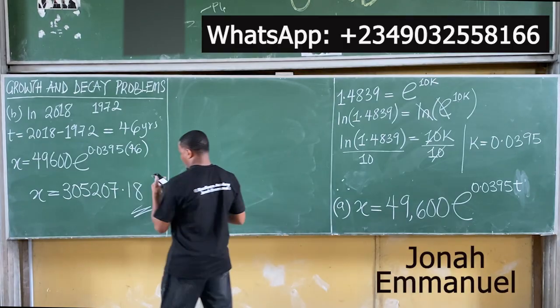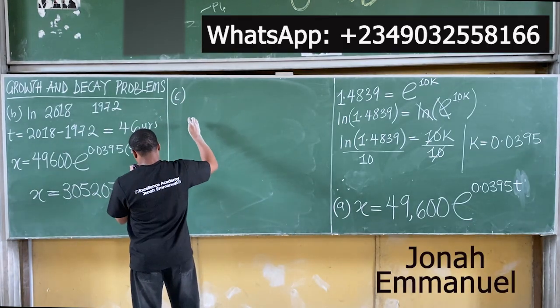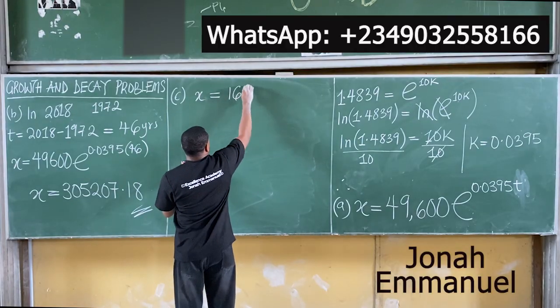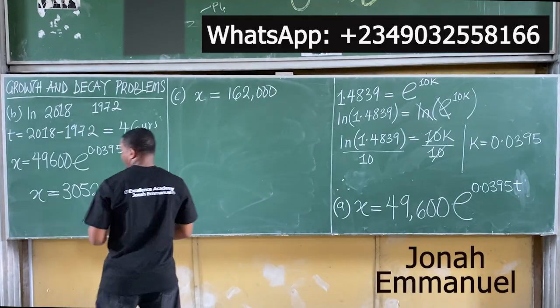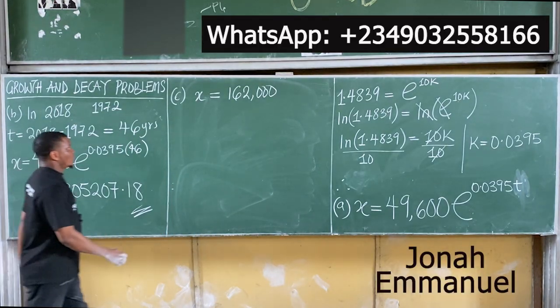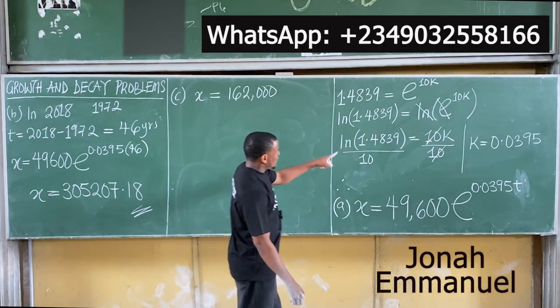Next, the C part says, in what year will x be 162,000? So if x is 162,000, we have to find t. What's that equation again?